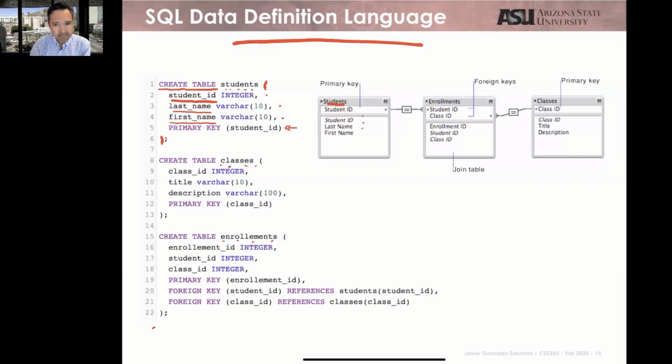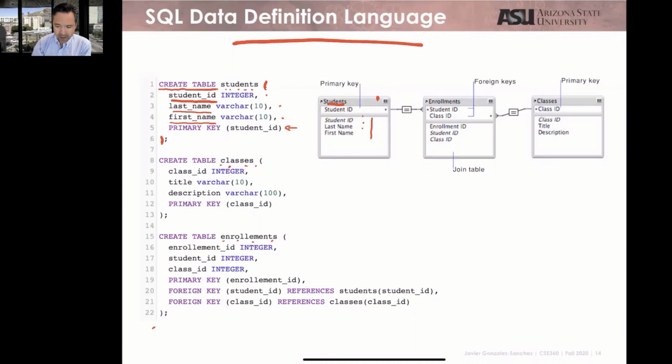In this case, student ID. Again, 3 columns, and the definition that one of them is the primary key. In one of them, every single row is going to have a different value. Remember, that is the primary key. This column, the value for each row is different from the others. Every row is unique, like your ASU ID.